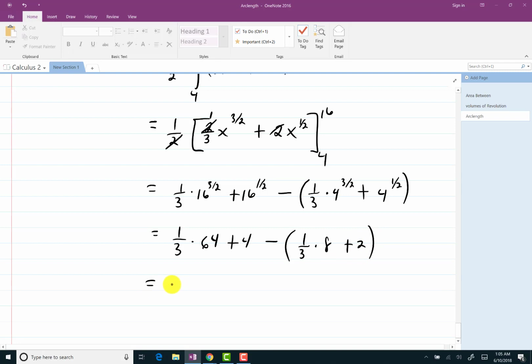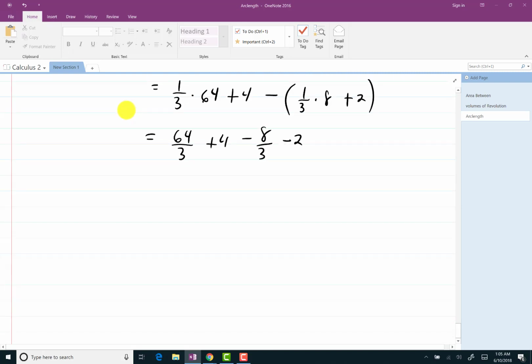So I have 64 over 3 plus 4 minus 8 over 3 minus 2. That will equal 56 over 3 plus 2. Now if you think of the 2 as 6 over 3, I'll end up with 62 over 3. Or for those that prefer the decimal version, I have 20.6 with a bar over it.